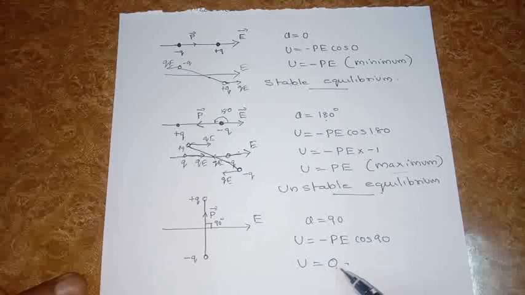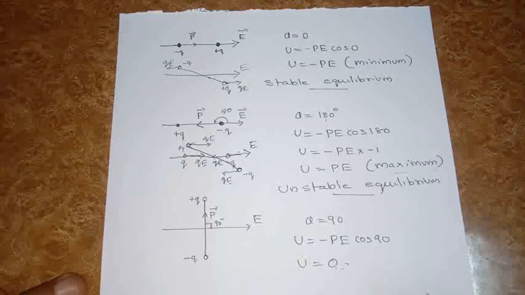Since the potential energy is intermediate here, the dipole will try to align in the direction of the electric field by rotating itself. So at any configuration, at any angle theta, potential energy is there in the dipole which is placed inside the electric field. Every system will try to attain minimum potential energy. Under this potential energy, the dipole will turn itself and try to align in the theta is equal to 0 configuration.